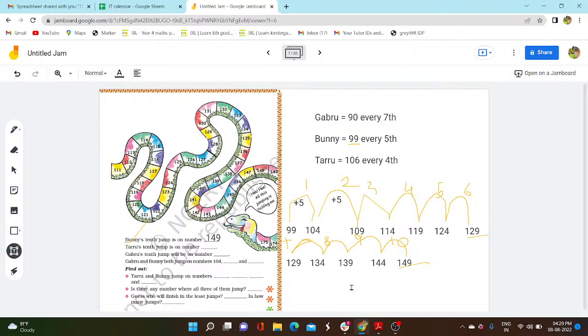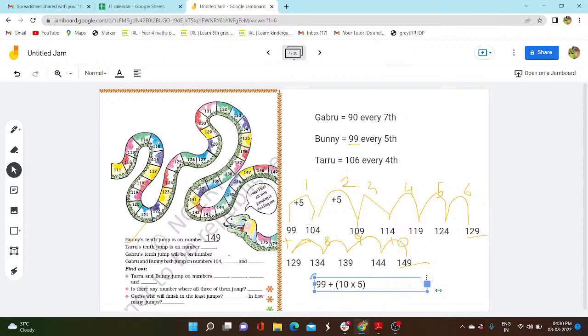we can do 99, that is the number from where Bunny started, add how many jumps he has to take. We have to take 10 jumps times, and in how many counts? We have to altogether take 10 jumps and in 5 counts. So 10 times 5.